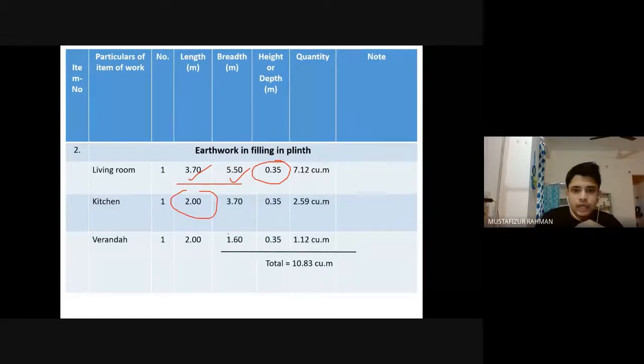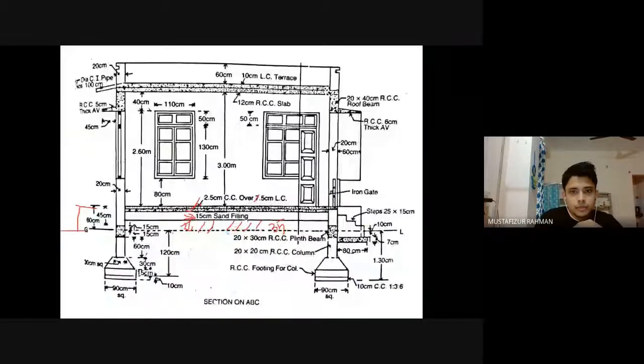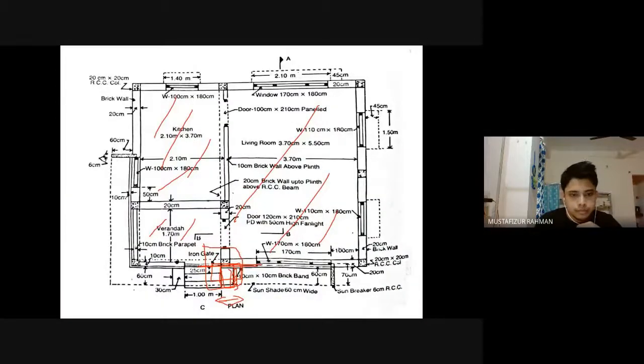For the kitchen, we will go back and see. Okay, this is 3.7 meter by 5.5 meter. That is done. For the kitchen, it is saying that it is 2.10 meter and 3.7 meter. In this direction, it is 3.7. In this direction, it is 2.1.